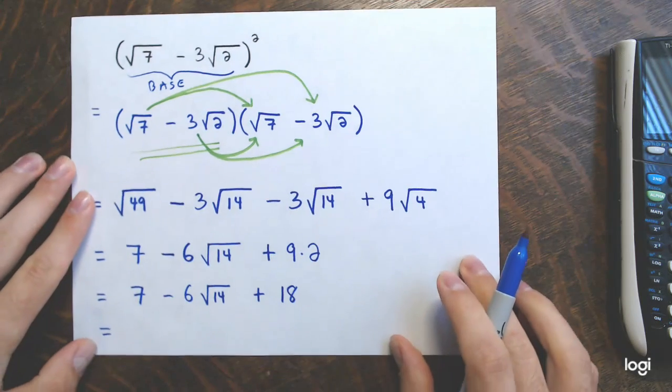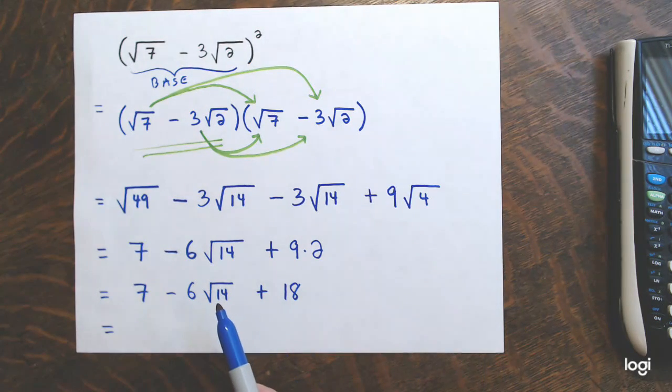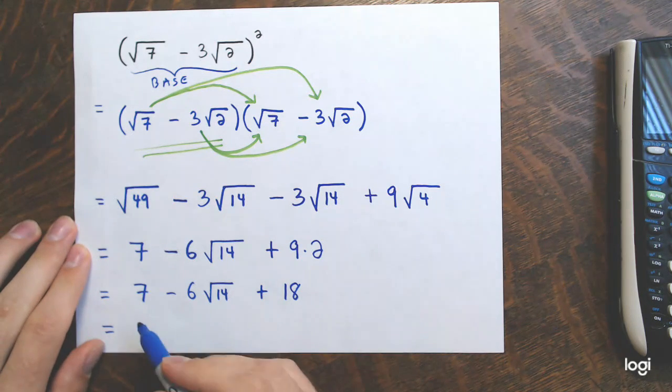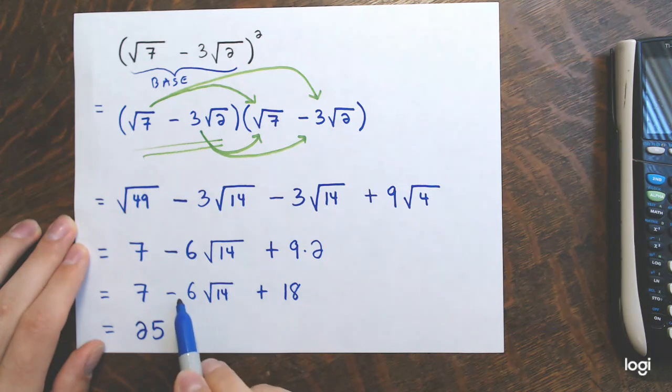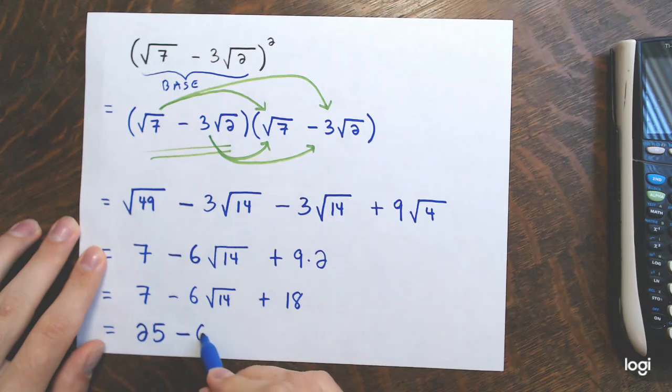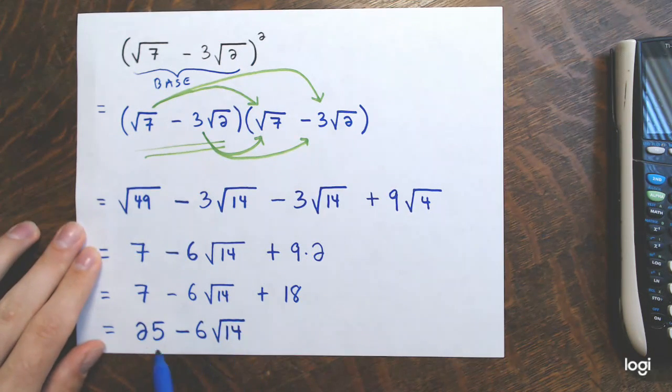And the only things that I can put together that are left are the constants, the 7 and the 18. Positive 7 plus 18, that's positive 25 for one term then. And the only other term left is this one with the radical, the negative 6 times the square root of 14. And that's it. Leave it this way.